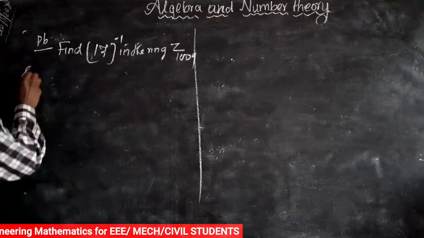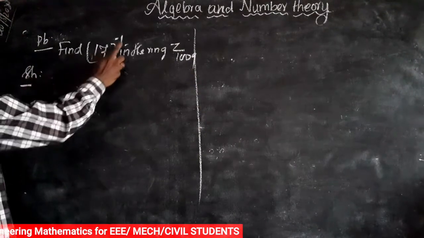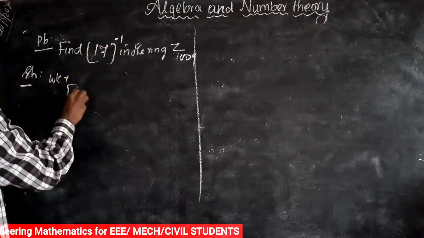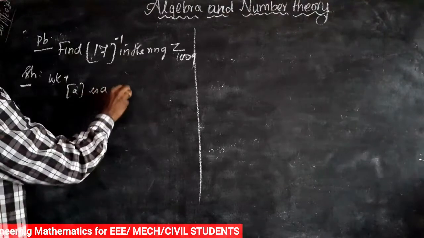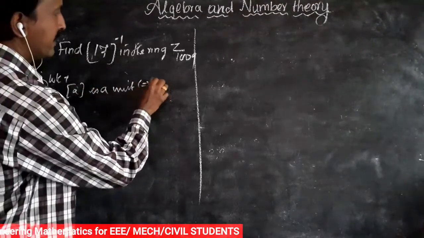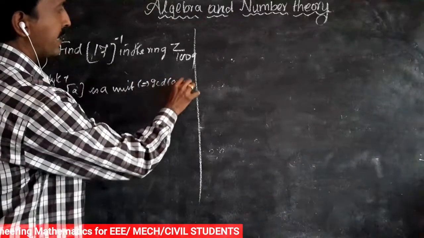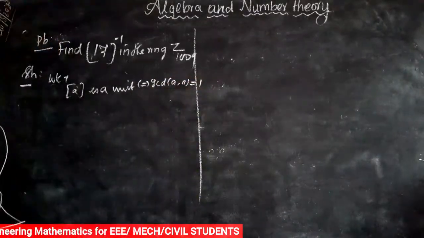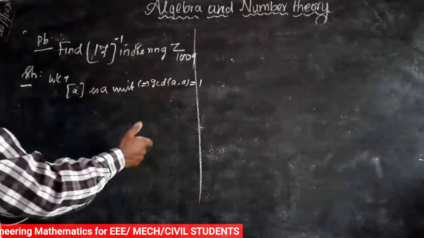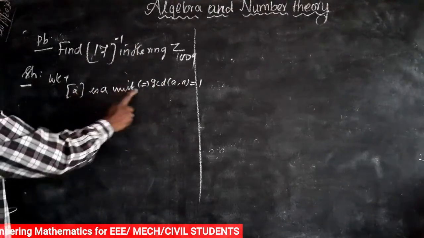What is the solution? So 17 inverse, the generator of a inverse. We know that generator of a is a unit if and only if GCD of a, n is equal to 1, which is relatively prime. a and n are relatively prime if and only if generator of a is a unit.